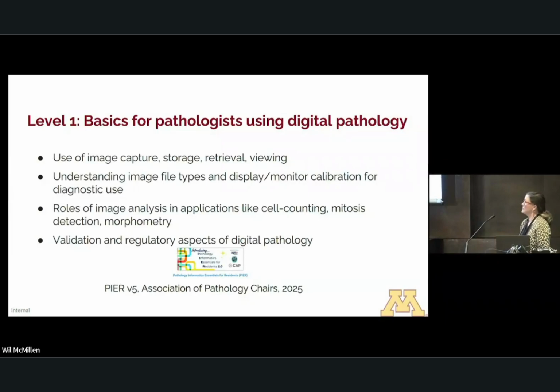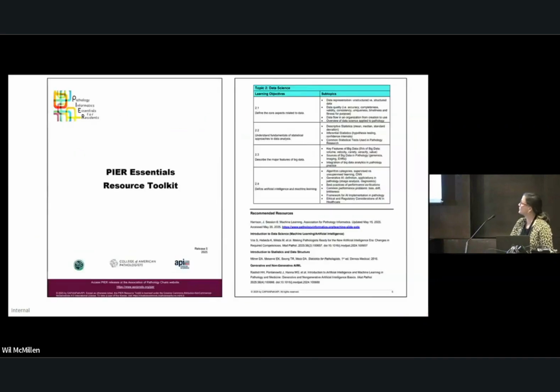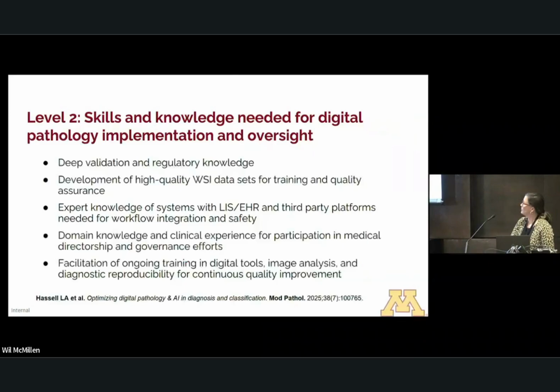And then a baseline understanding of the validation and regulatory aspects, since CAP does have a checklist, and this is obviously an area of expanding domain. So I think that's what every pathologist who uses digital pathology will need to know.